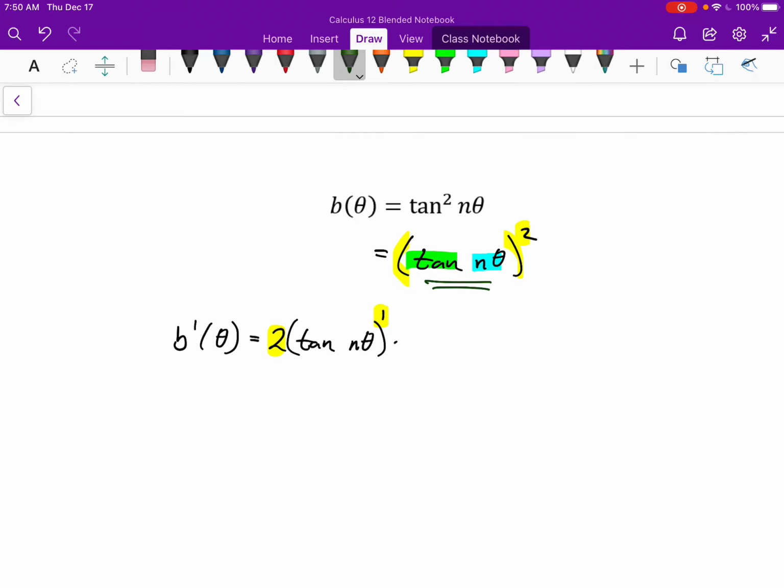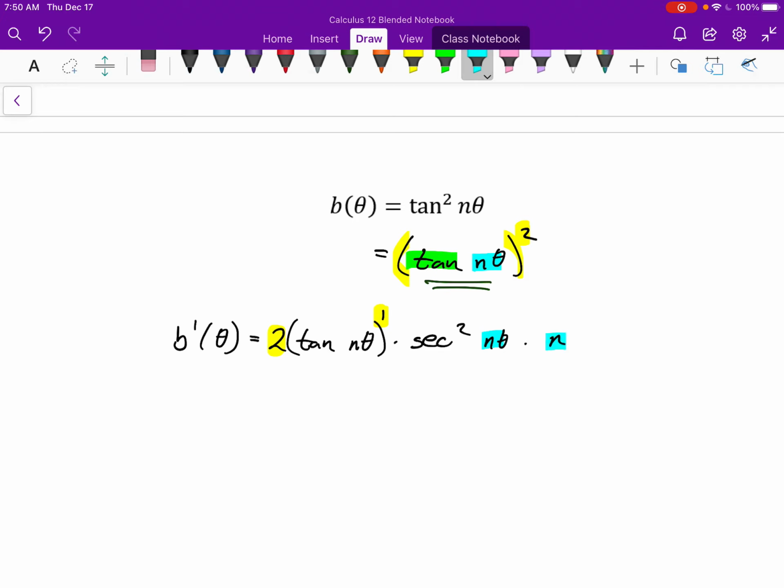In principle, it's the same thing. The derivative of tan theta is secant squared, and so the derivative of tan of n theta is going to be secant squared of n theta. But I still have one more step. My last step is to differentiate the very inside function. Again, n theta is inside the tangent function, which is all inside this quadratic function, power of 2. And so the derivative of n theta with respect to theta is n.